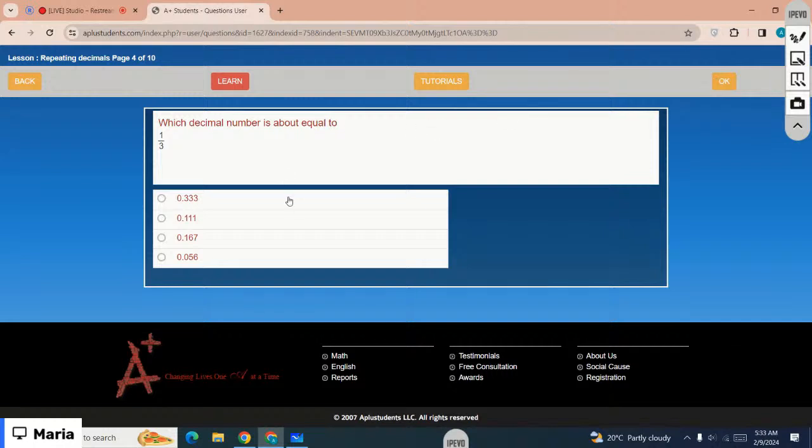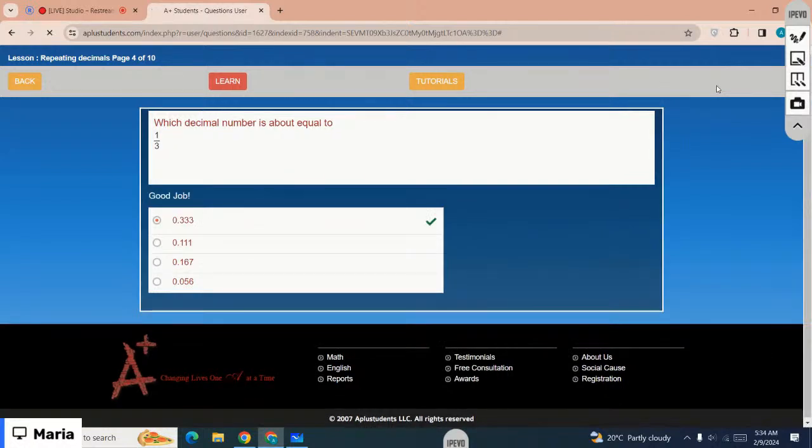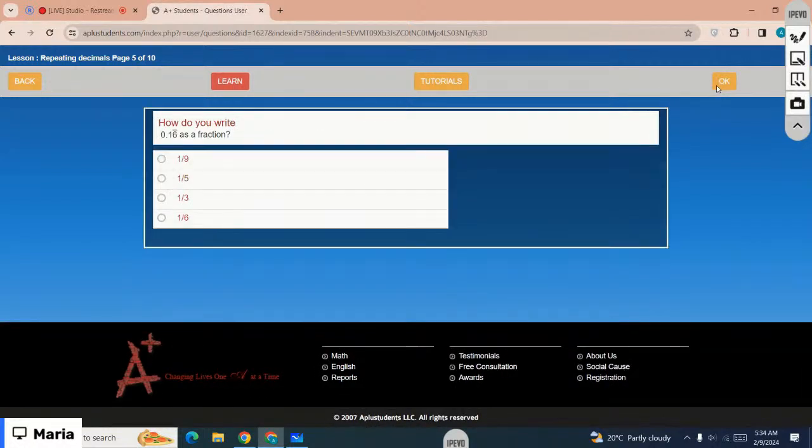Option number 1 is the correct option. 0.33 it is. You can divide and check, right?